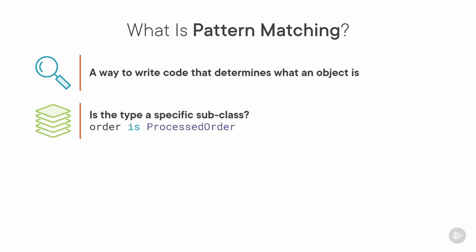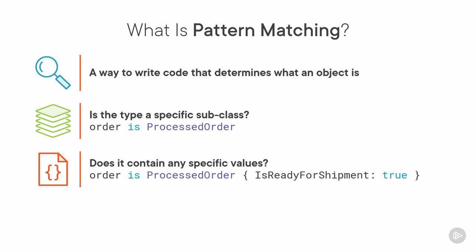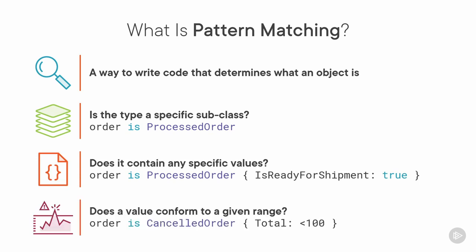Is it an instance of a specific subclass? Is it marked as ready for shipment? Is it a canceled order with an amount less than a certain value? All of these questions can be expressed using pattern matching.